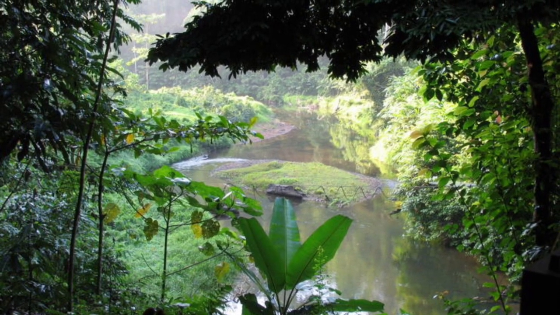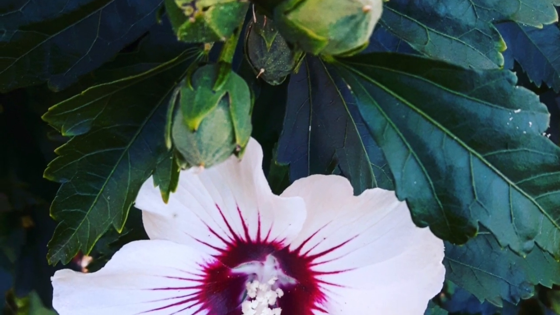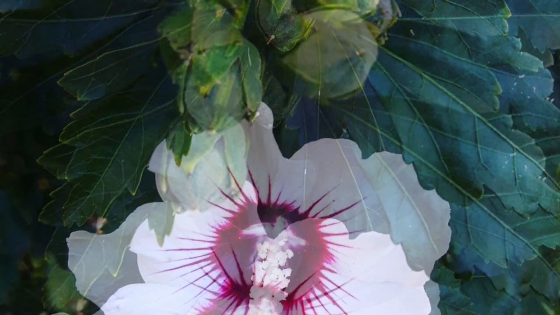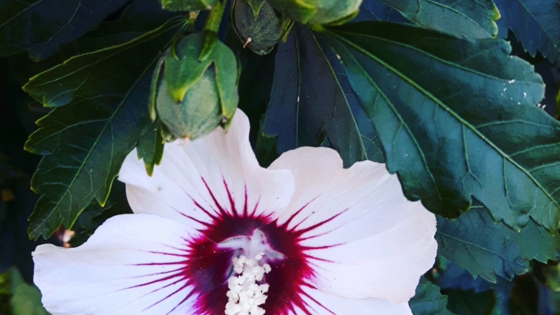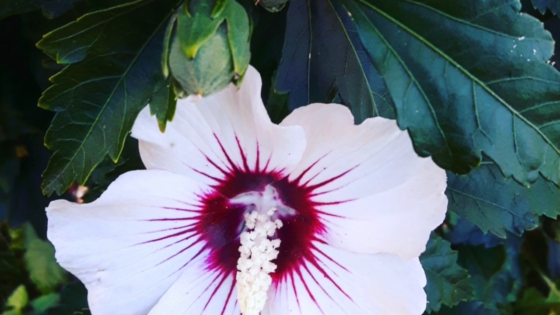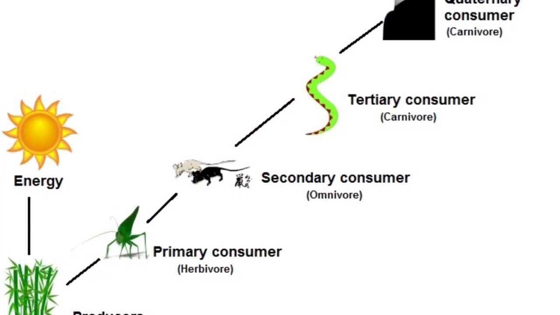And then you're also going to find in an ecosystem consumers that we call heterotrophs, and they get their energy from other sources. They either get it from plant life or they get it from another consumer.